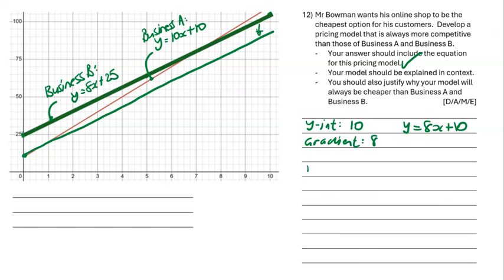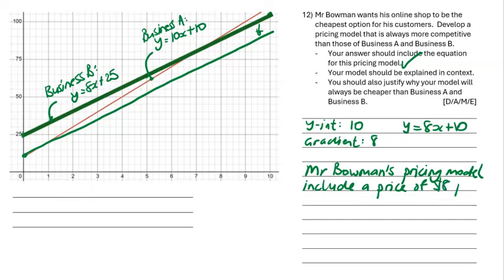Mr. Bowman's pricing model includes a price of $8 per pack and a $10 delivery fee.